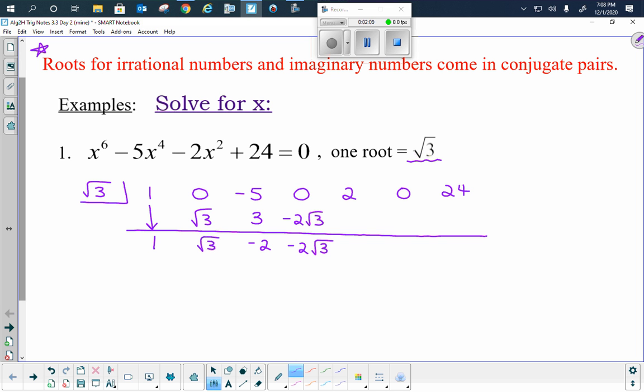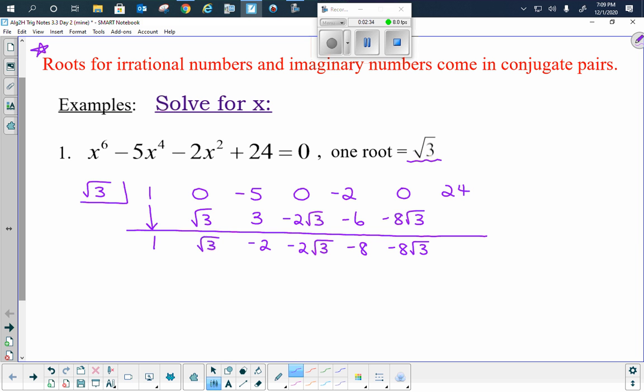Well, √3 times √3 is 3, times -2 is -6. And if we add straight down, sorry, this is supposed to say -2, right? Because that's the x squared. -2 and -6 would be -8. -8 times √3 is -8√3. Add straight down to get -8√3.